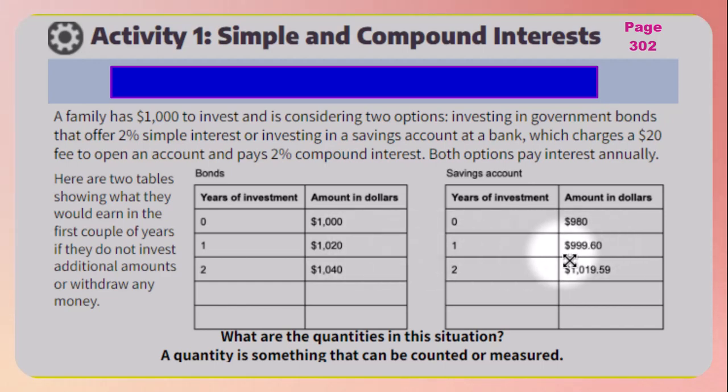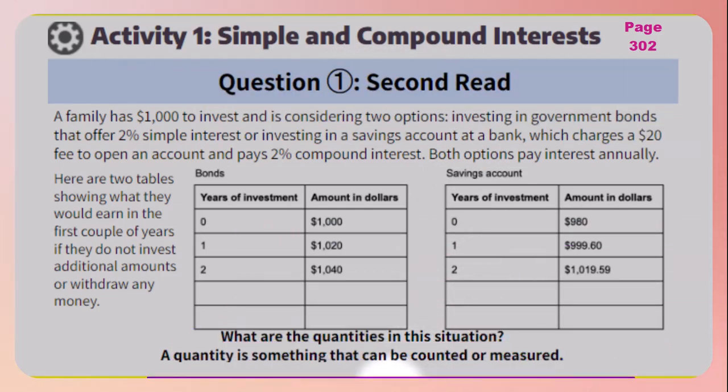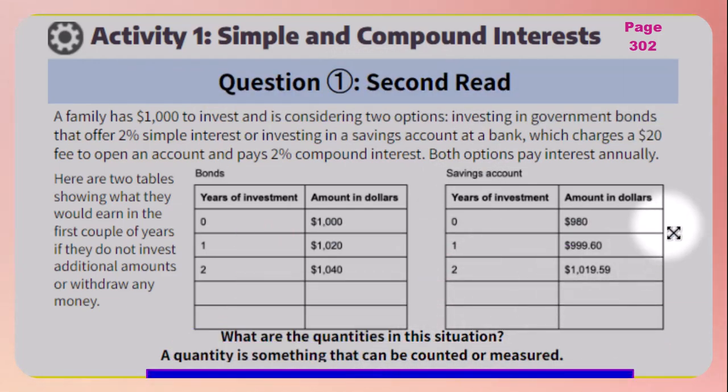Compare those two. And then after the second year, they're going to have $1,019.59. Now, what are the quantities in this situation? A quantity is something that can be counted or measured. So I want you to do a second read, pause the video, and highlight important information.